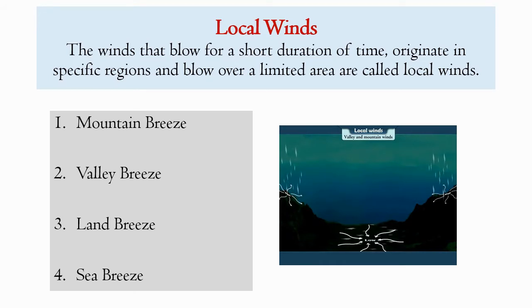Nearness to an ocean, lake, or mountain range can affect local winds. Local winds affect the climate of the region where they blow. These winds are known by different local names in the different regions where they blow. Local winds are further divided into four types: mountain breeze, valley breeze, land breeze, and sea breeze.